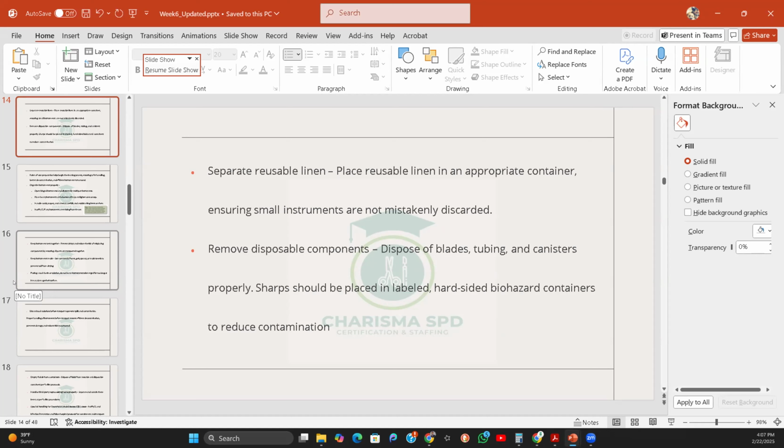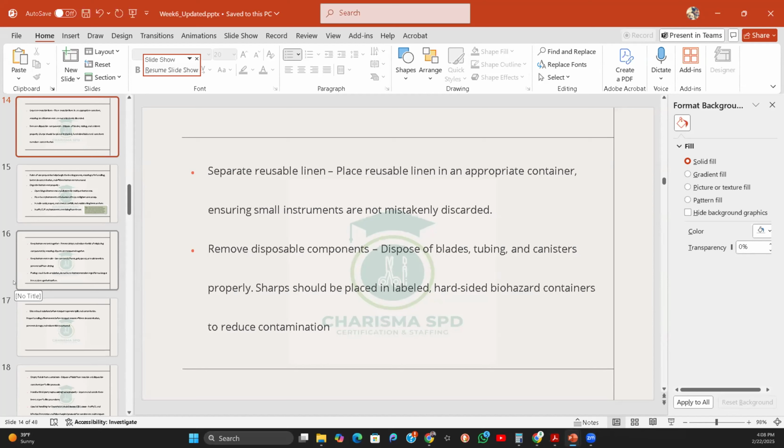Anything that is used once and thrown away is single use. You cannot use it twice. So they call it single use or disposable. Even if you open them and don't use them, once they are exposed to the outside environment, they are discarded.